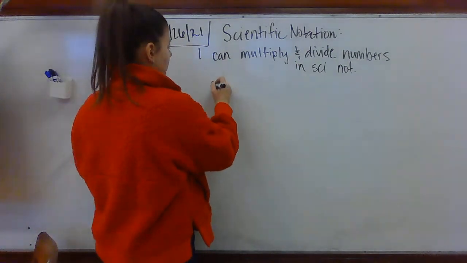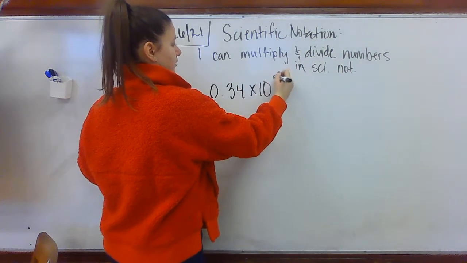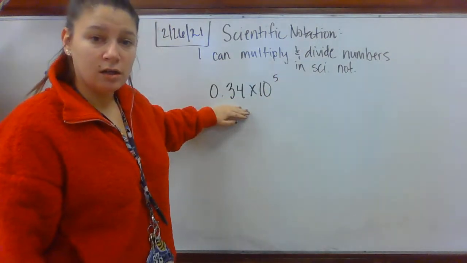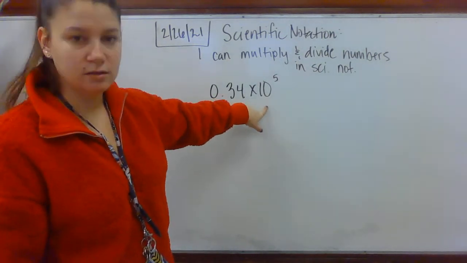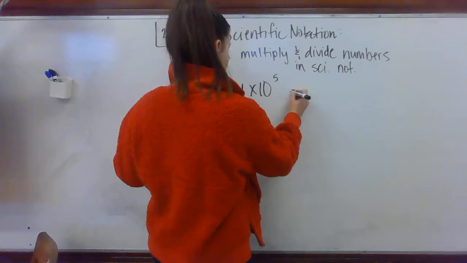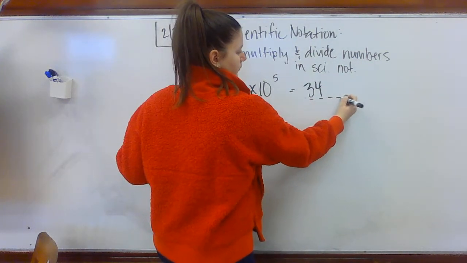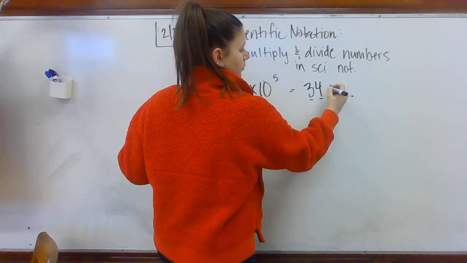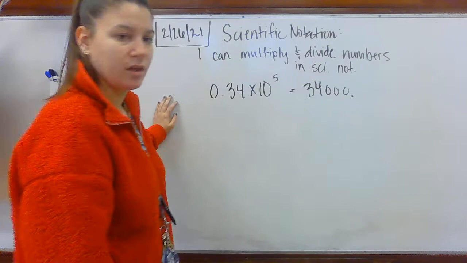So if I've got 0.34 times 10 to the 5th, I can expand it, take this, move it over 5 places, okay? So I'm going to go ahead and do that. It starts here, you move it 1, 2, 3, 4, 5, and I've got 34,000, okay?